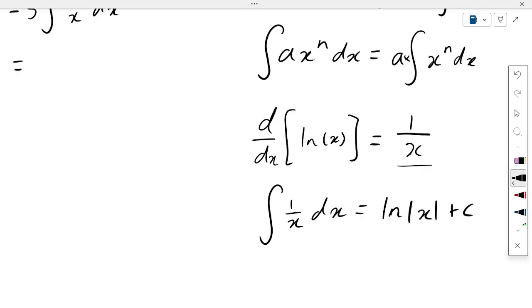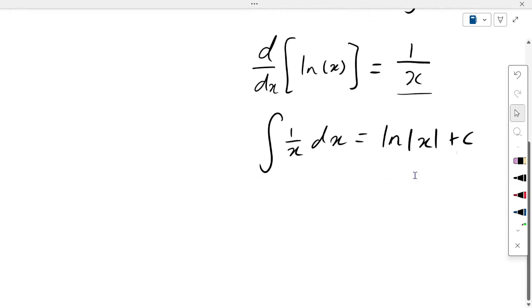Why is it absolute value? The reason why it's absolute value is because the absolute value of x will always be greater than or equal to 0, right?